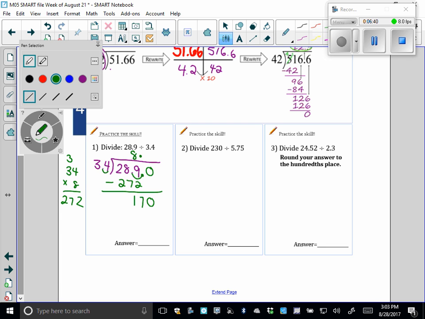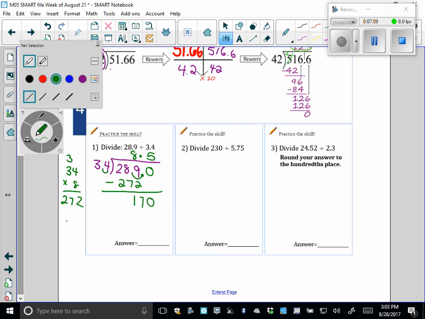Did you keep going on that, Charlotte? So what's your next thing? Like, do you know what number goes here? Who can help her out? Olivia? Octavia? Well, 34 goes into 170 five times.